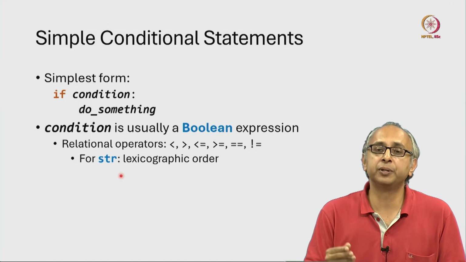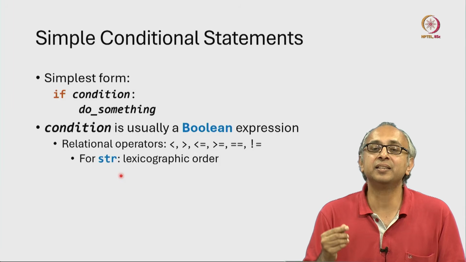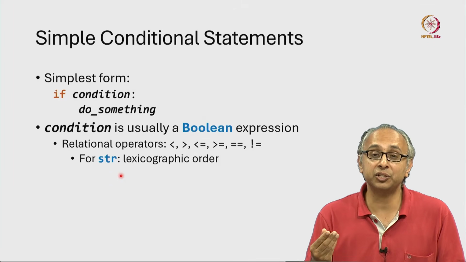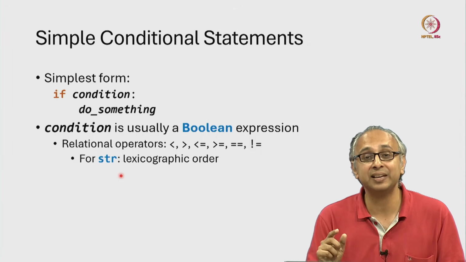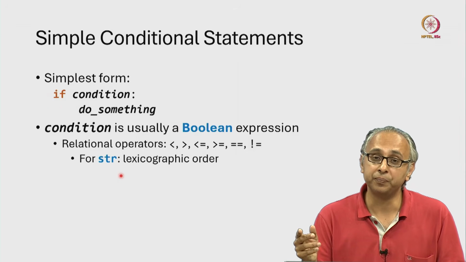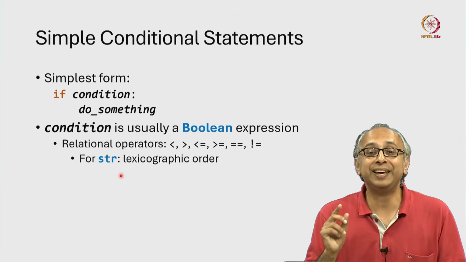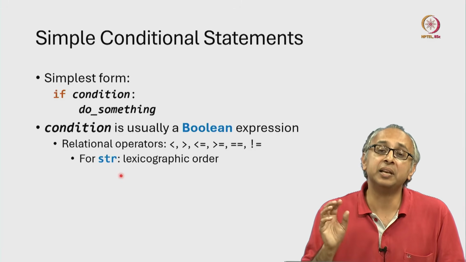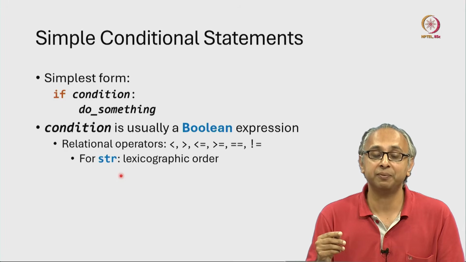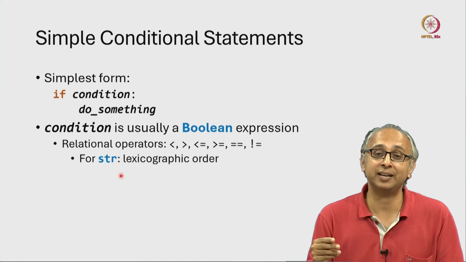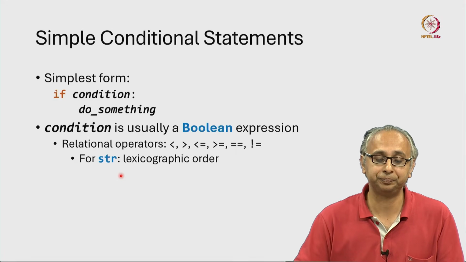So, for example, the word cat is earlier in the dictionary than dog. So the string cat is less than the string dog. Similarly, the string cat, C-A-T, is less than the string catch, C-A-T-C-H, because in a dictionary you would find the word cat earlier than the word catch.